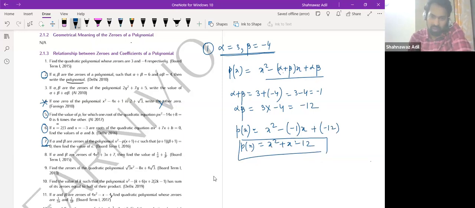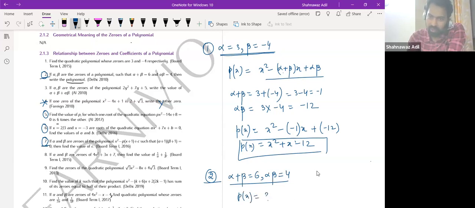Yes, sir. Okay, so now let me ask you guys. This question is the most difficult question of this exercise. You have been given the sum of the zeros, and you have to find out the polynomial.